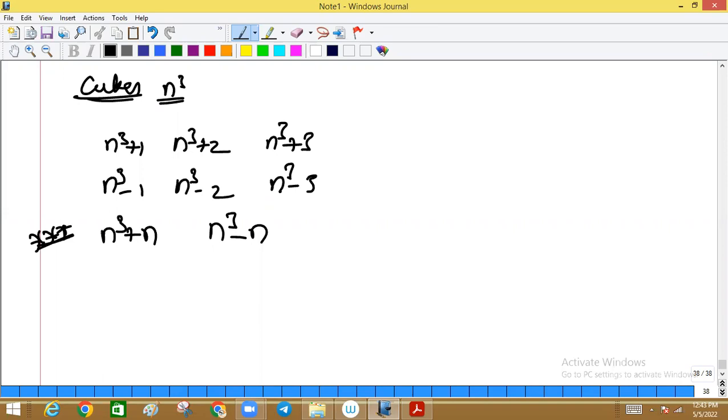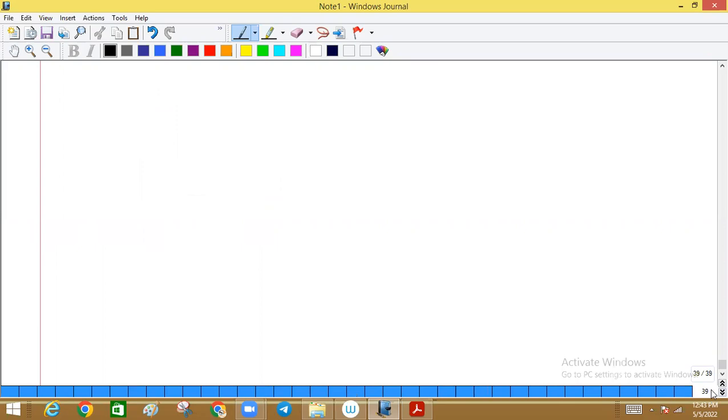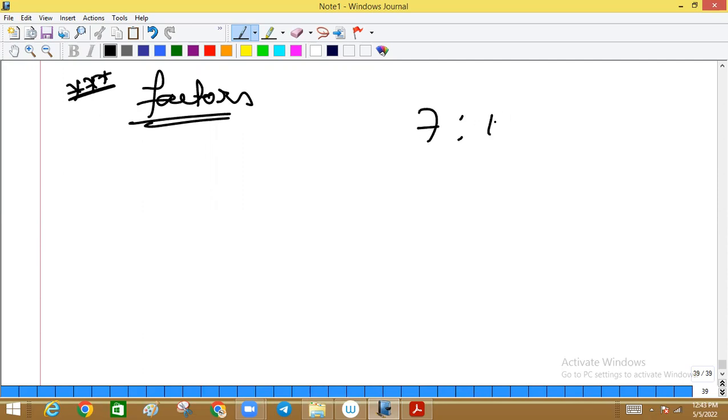So write down the next type. Factors. Very, very, very important for SSC. Maximum questions of SSC are given in the factors. For example, 7 is to 133. Remember this is the question. The same way, 8 is to how much you'll be asked next.